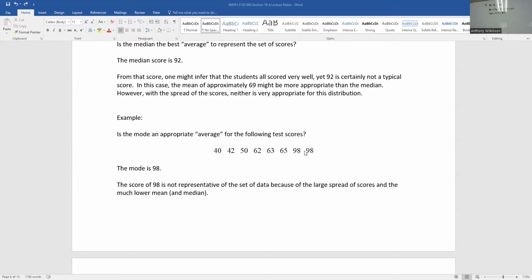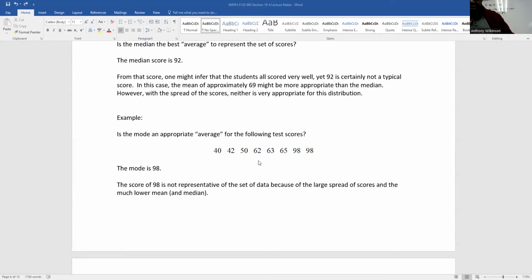And the mean, which will be the average, will be much lower. And with this data set, since it's in numerical order, the median would be like 62.5. That's a much lower median. So really, I cannot say what appropriate measure of central tendency to use for this situation. It just varies from one situation to another.